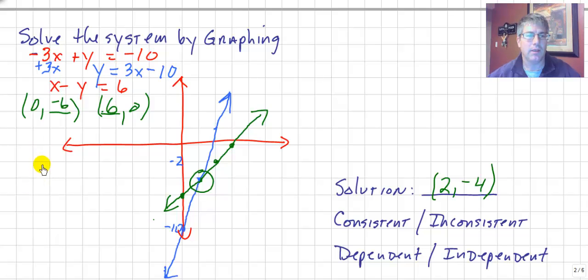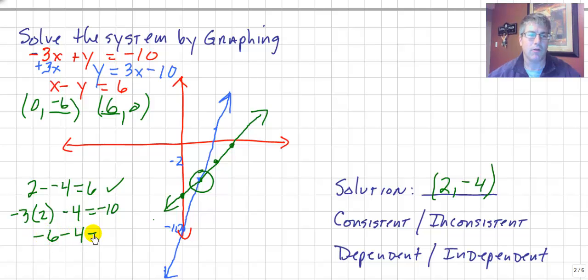And just eyeballing in the second equation, 2 minus a -4 equals 6. That checks out, and when x is 2, I get -3 times 2 minus 4 equals -10, and sure enough, -6 minus 4 does equal -10, so that checks out.